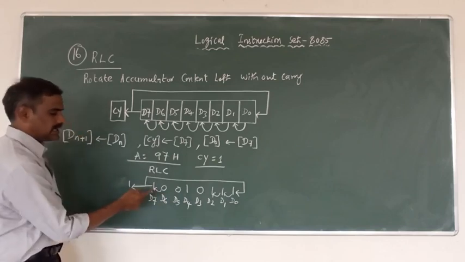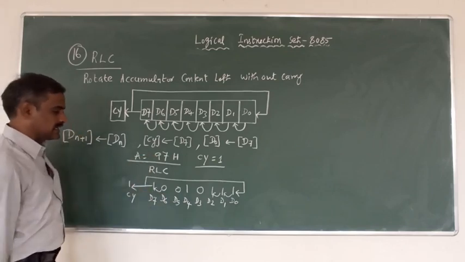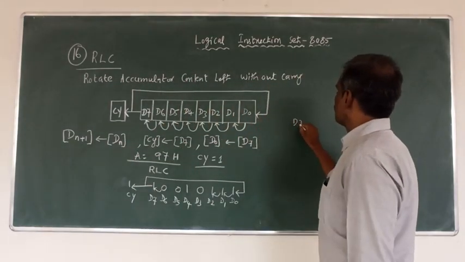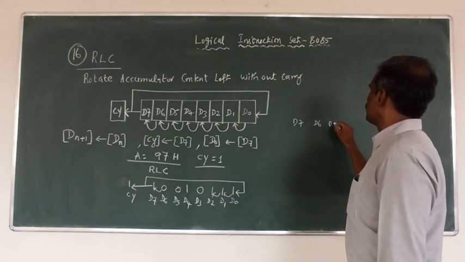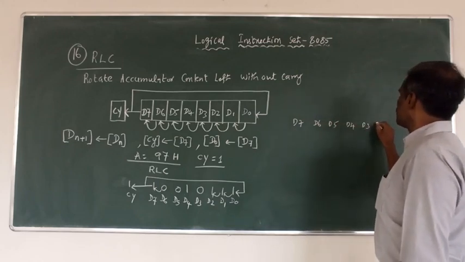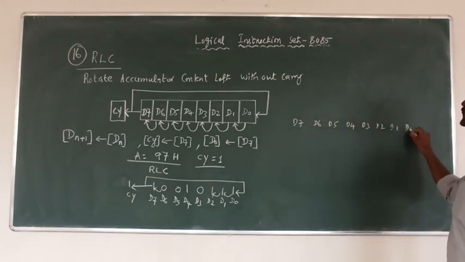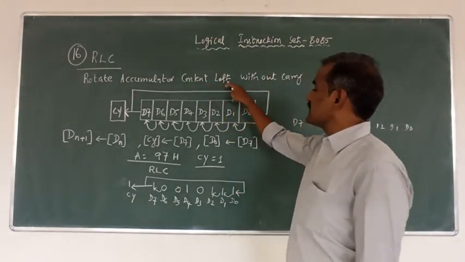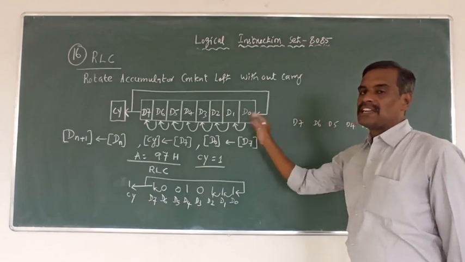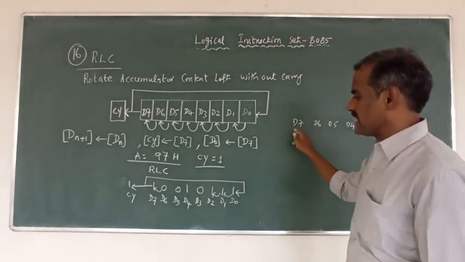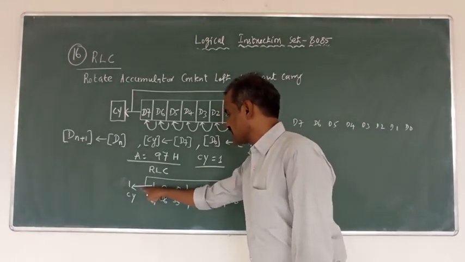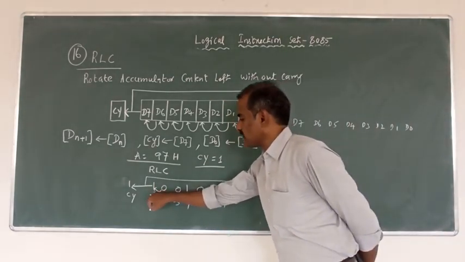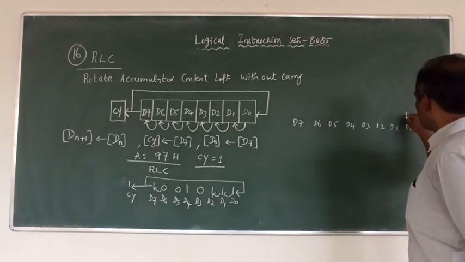After RLC, what will be the accumulator content result? Here, this is for D7, D6, D5, D4, D3, D2, D1, D0. It will rotate the accumulator content towards the left side. D7 data moves to D0 position. What will be the D7 data? 1, so 1 moves here.